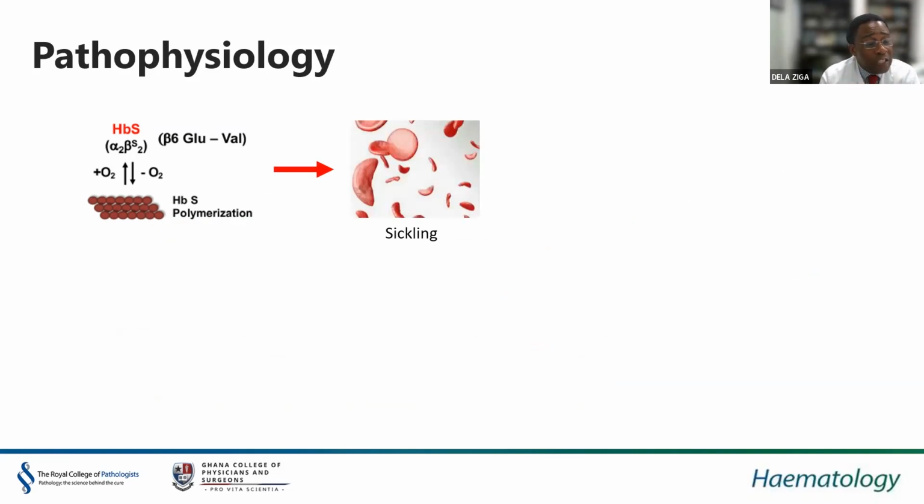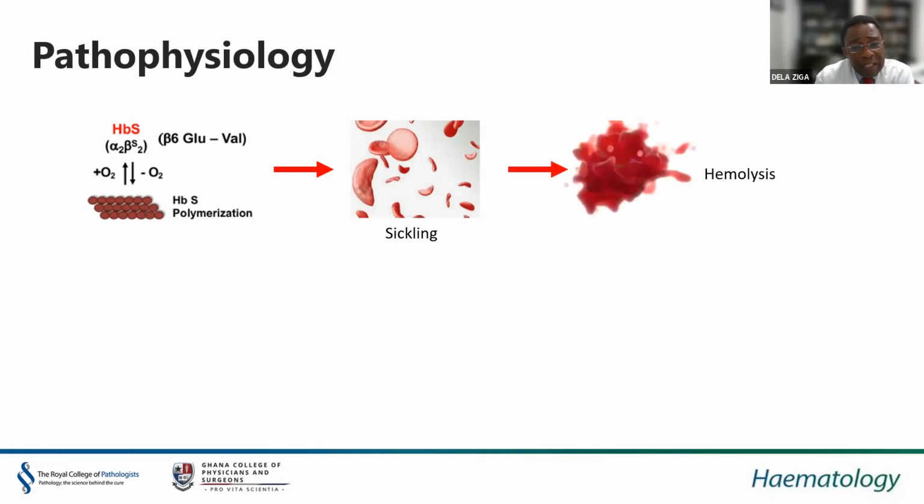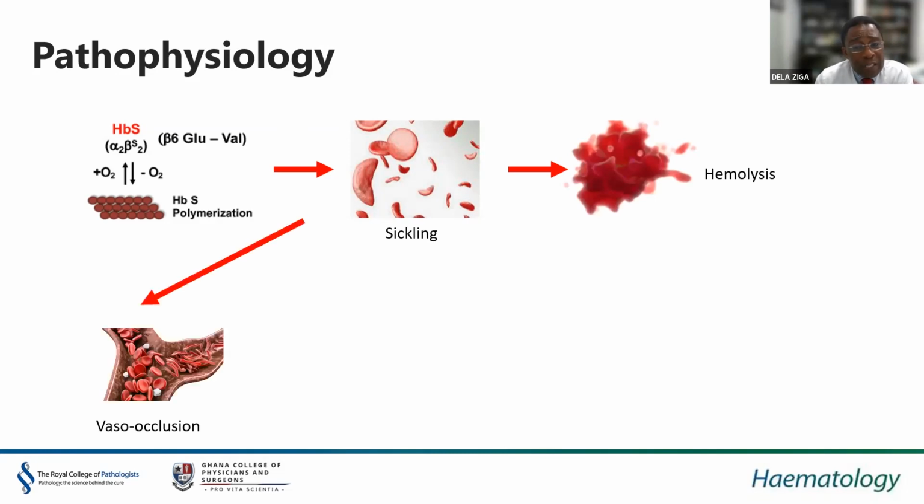In addition to the polymerization, there's also activation of inflammatory markers that lead to sickling and some sticking of platelets and other cells. The shear stress of the red blood cells leads to hemolysis. And with all that, the sticking of the sickling cells causes vaso-occlusion, which is the hallmark of this disease, with the pain and multi-organ dysfunction that we observe.